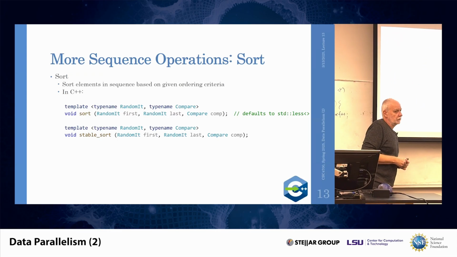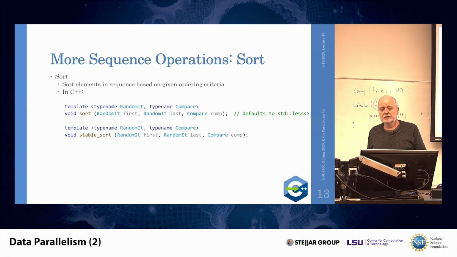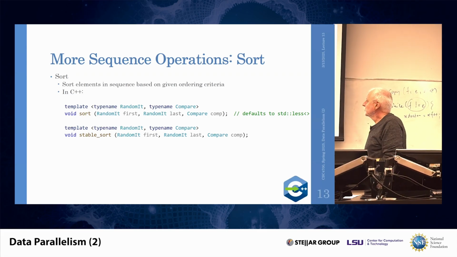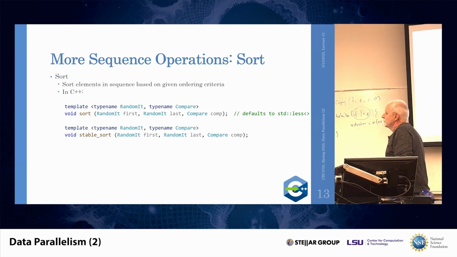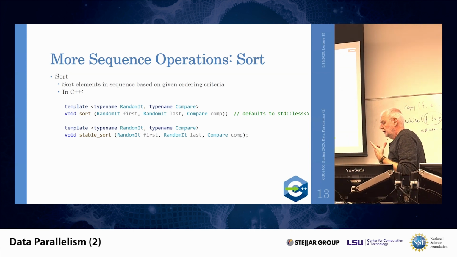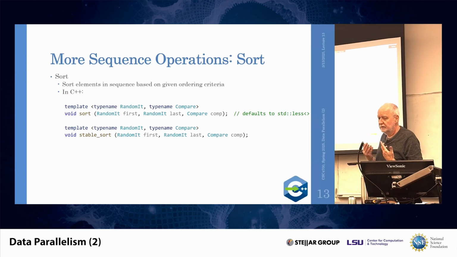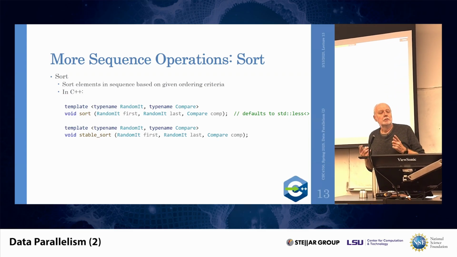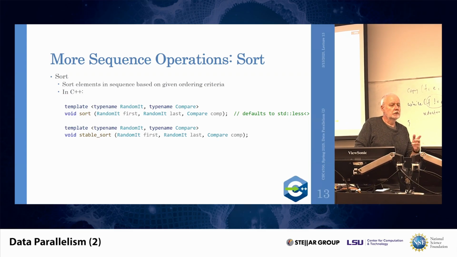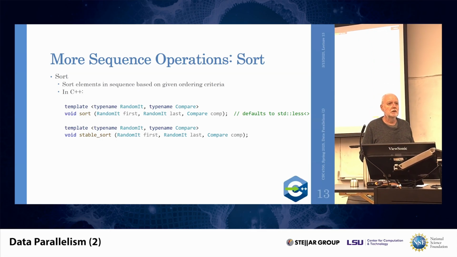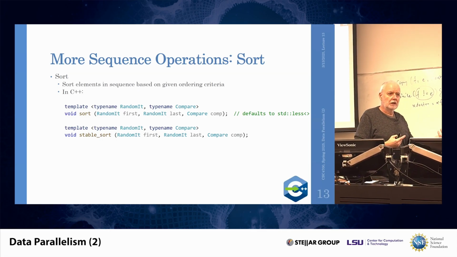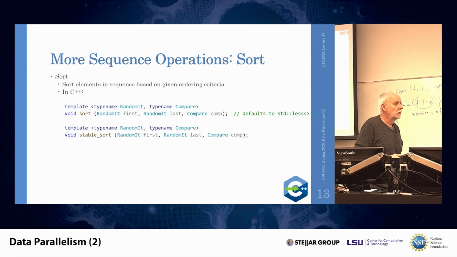The only notable thing that you might want to be aware of is that C++ at least has two types of sort, just called sort and stable sort. And the difference is that stable sort leaves elements in order: if there are several elements with the same value, they will not be reordered. So the sequence of elements stays stable when the value of the element is the same.